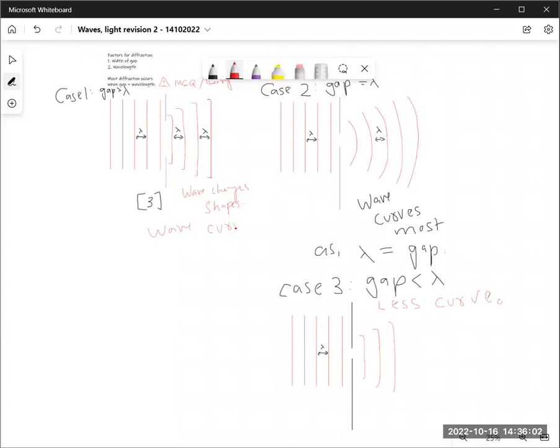Wave curves less. That's all. Now I'll show you a diagram in real life. Now quickly copy this. Don't ask me questions right now. Write all of this down first. Ask me questions, that's okay. No worries. But we'll have to do questions, and that's when you'll understand in reality.